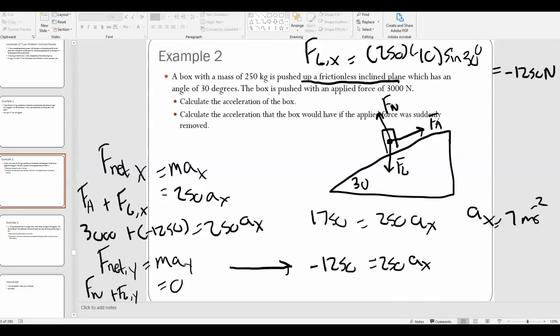If you divide both sides by 250, then now you get A equals, let's see, negative 5 meters per second squared. Okay, and so if you stop pushing all of a sudden, it's going to accelerate down the incline pretty quickly. And that's it for example 2. Pause there if you need to look at it.